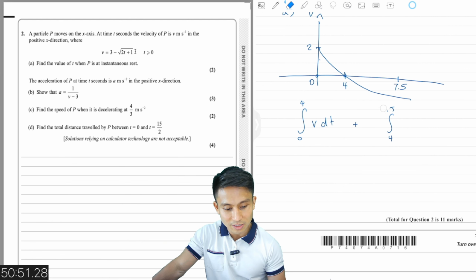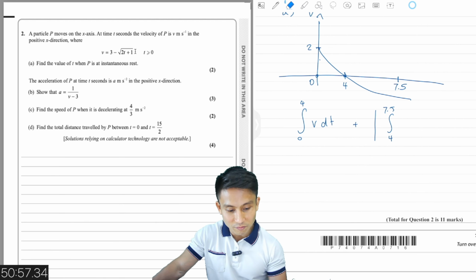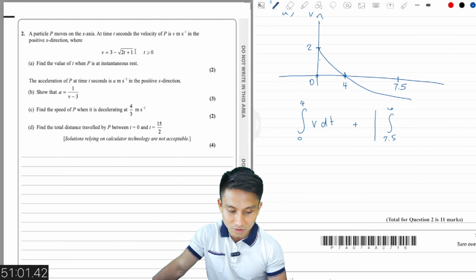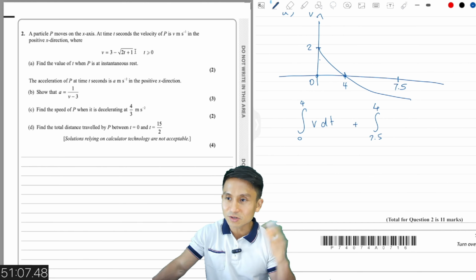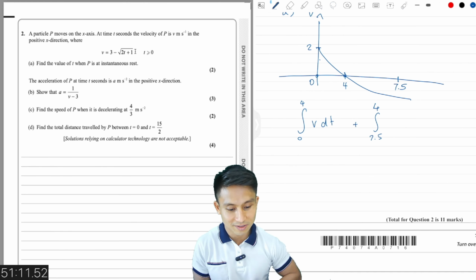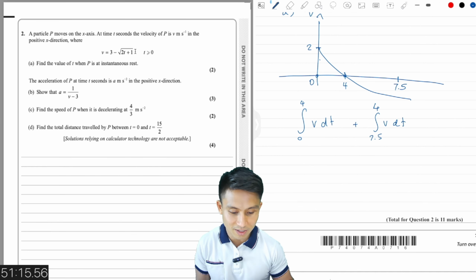If you actually integrate from 4 to 7.5, you're going to get a negative. So if you want this to be positive, you just flip the bounds to be 7.5 to 4. That's doable. You're going to get a positive, and you don't need to put an absolute sign there. Or you can find the integral separately and just add the magnitudes up, if you are concerned about that. And then, same v dt.